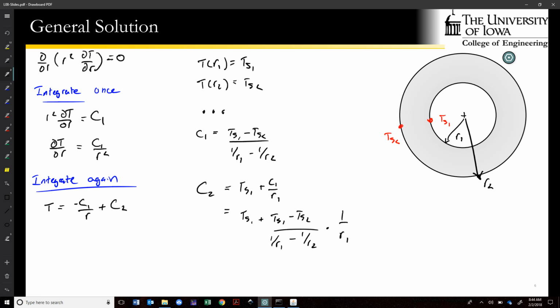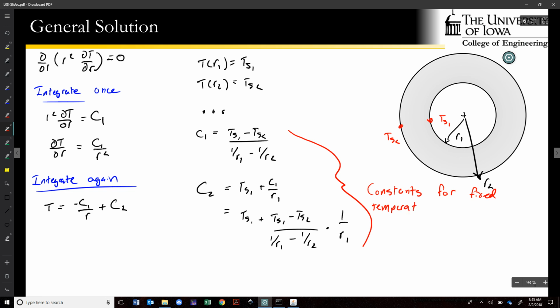So these are the constants for fixed temperature boundary conditions on the spherical shell.